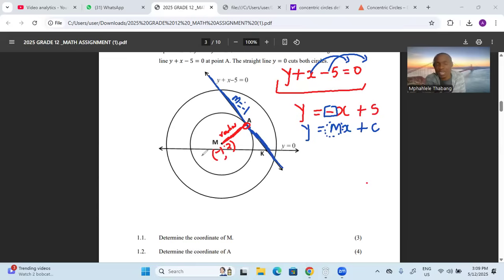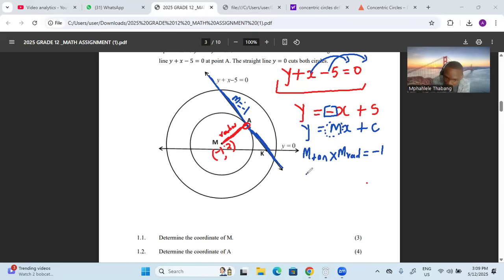I'm going to use the gradient of the line of tangency to find the gradient of the radius, just because I know that these two lines are perpendicular. So I'm going to say m of tangent times m of radius is -1. How much is the m of tangent? M of tangent is -1.